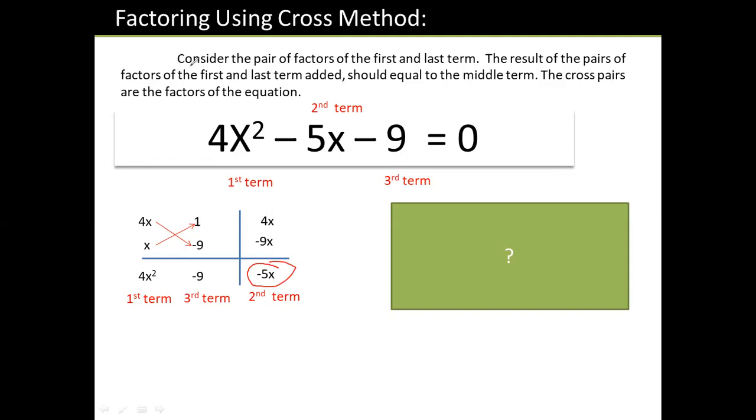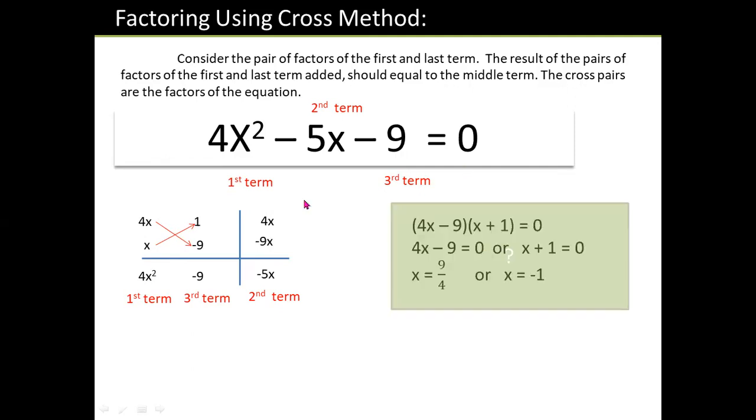Okay? So if we factor it out, the factors are the cross pair. Remember, the factors are the cross pair. So therefore, we have 4x minus 9 and x plus 1. So that is why you have here 4x minus 9 and x plus 1 equals 0.